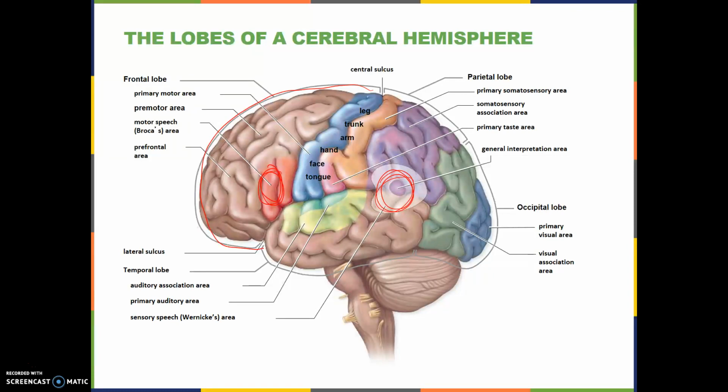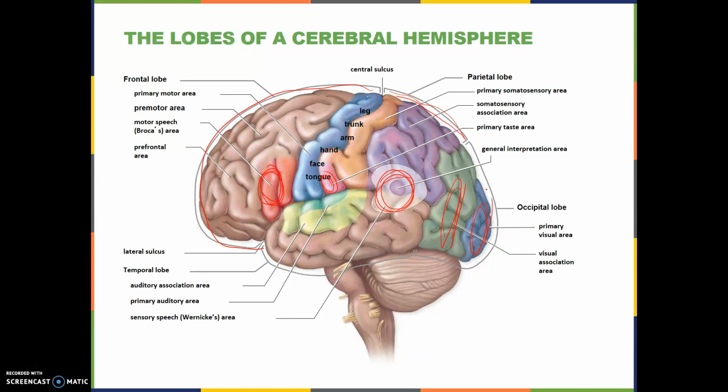The parietal lobe, which is in here, contains somatosensory areas, and somatosensory means that sensations like that are going to affect the skeletal muscles. So touch, taste. In fact, the primary taste area is here. Your visual association area is in the occipital lobe, and your primary visual area.